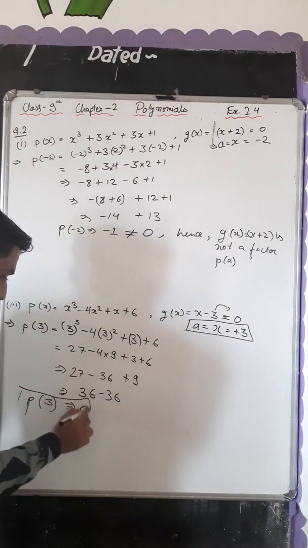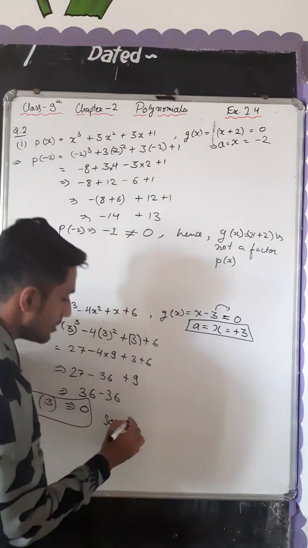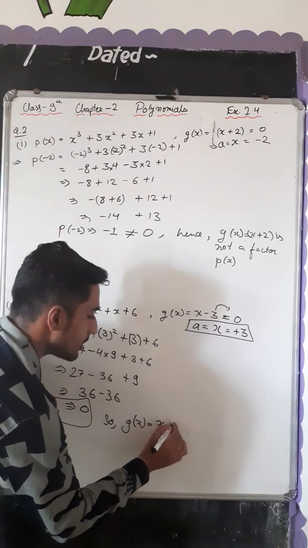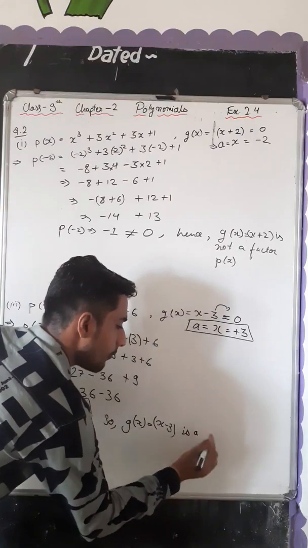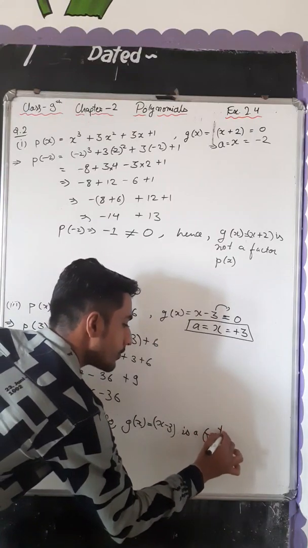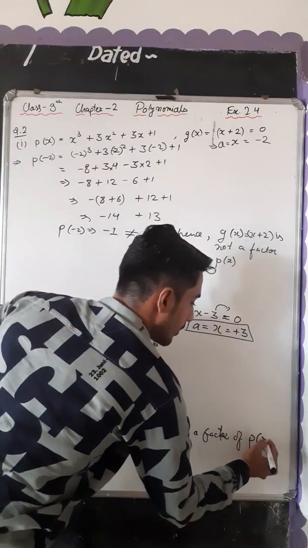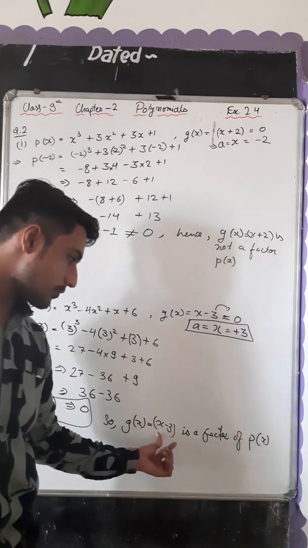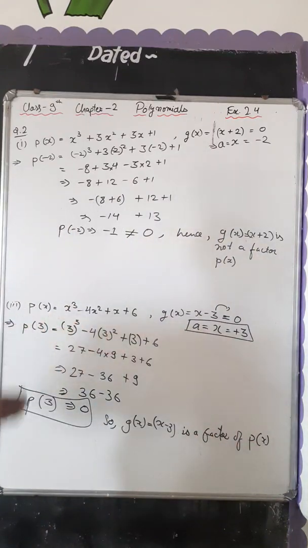This value is 0. So g(x), what is g(x)? x minus 3 is a factor of p(x). So this x minus 3 is a factor of p(x). What is p(x)? This polynomial.